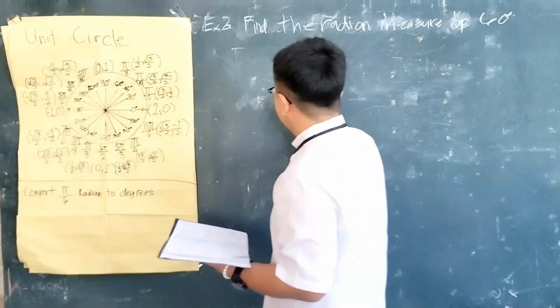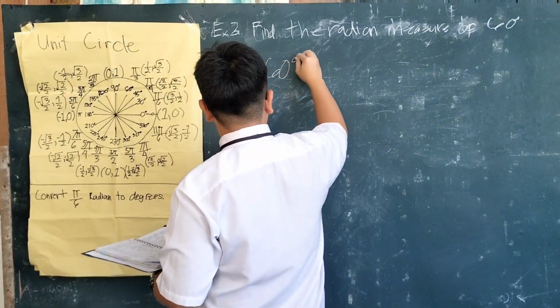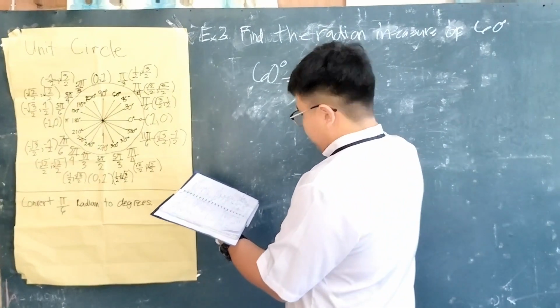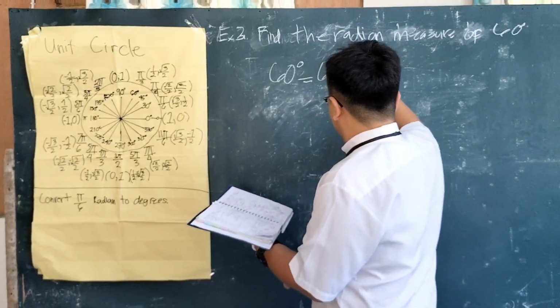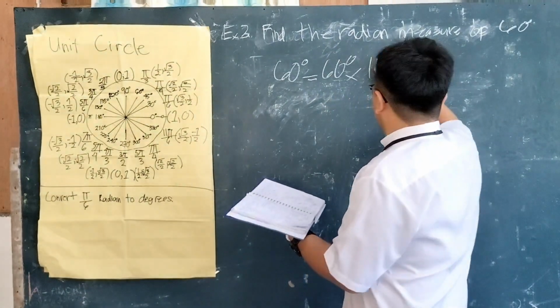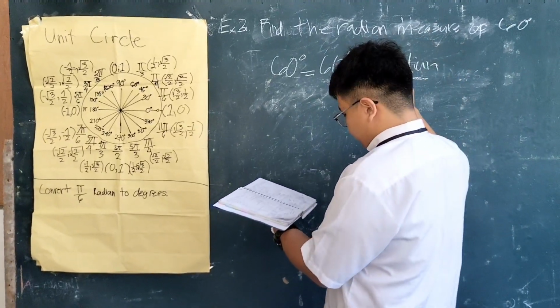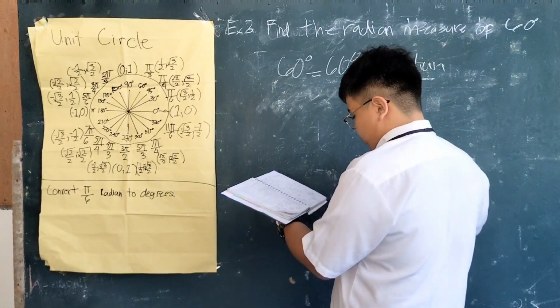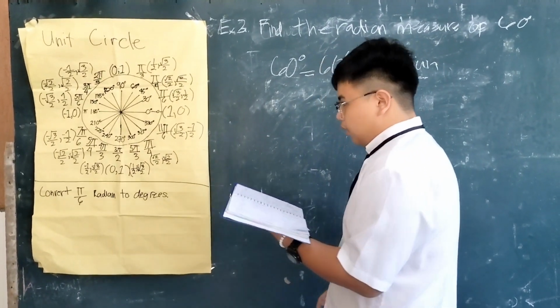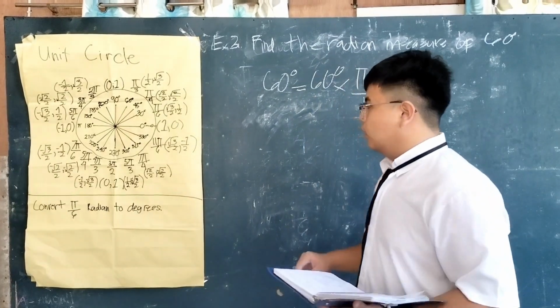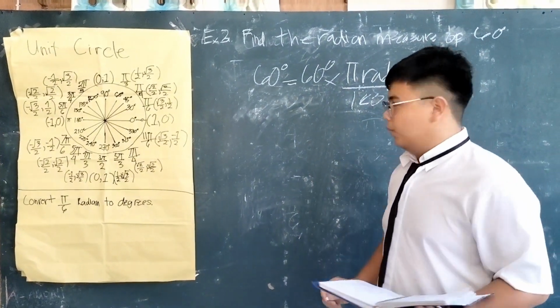So 60 equals 60 times pi radian over 180. And always remember that after step 1, we need to simplify first before we multiply.